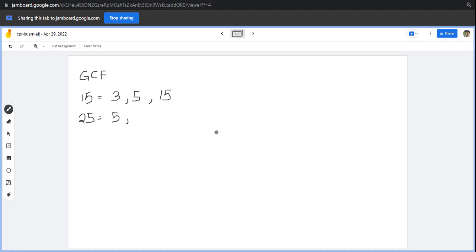Okay? So, wala na tayong pwedeng i-divide pa kay 25, kundi kay 5. We only have 5 times 5. What is 5 times 5? 25. So, that is the only factor. And, syempre, the last is the number itself, diba? So, we have 25. So, what is the only common factor? 5. So, what is our GCF? 5. So, our GCF is 5.